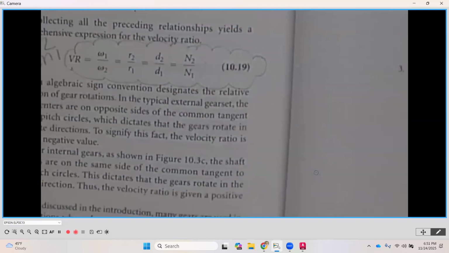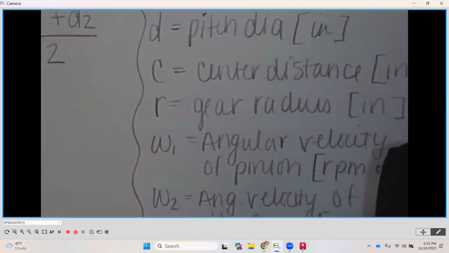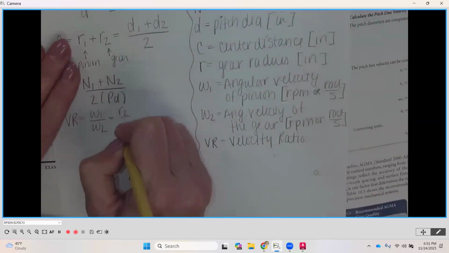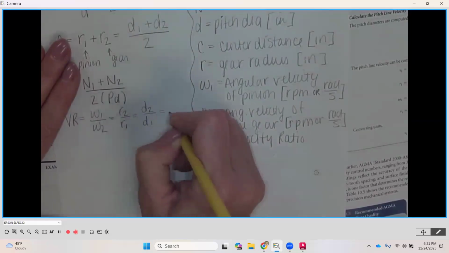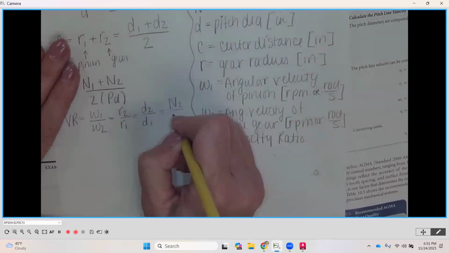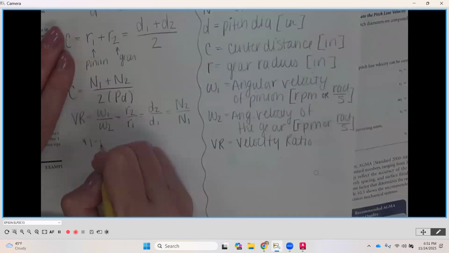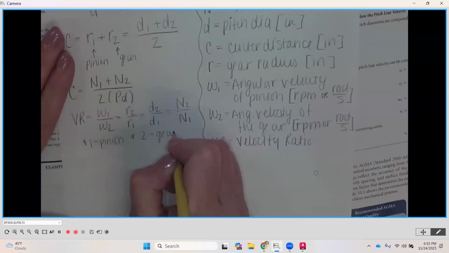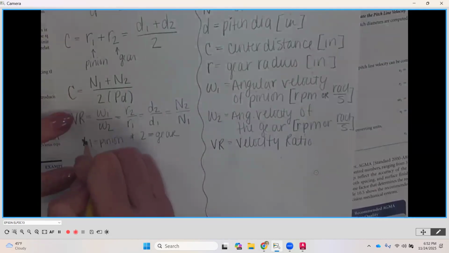So we can add to that equation: equal to radius 2 over radius 1, equal to diameter 2 over diameter 1, which is equal to the number of teeth on 2 over the number of teeth on 1. Again, 1 equals pinion and 2 equals gear. Just a little star.